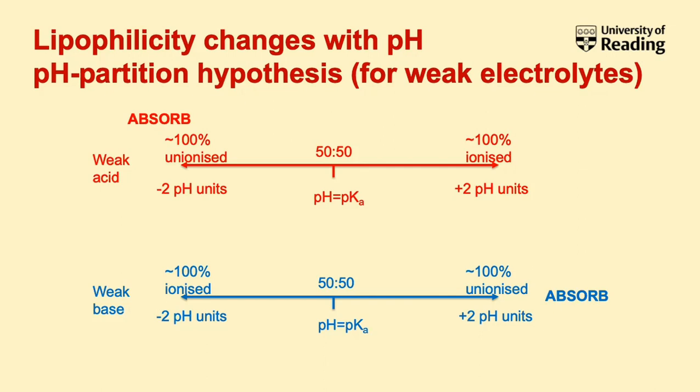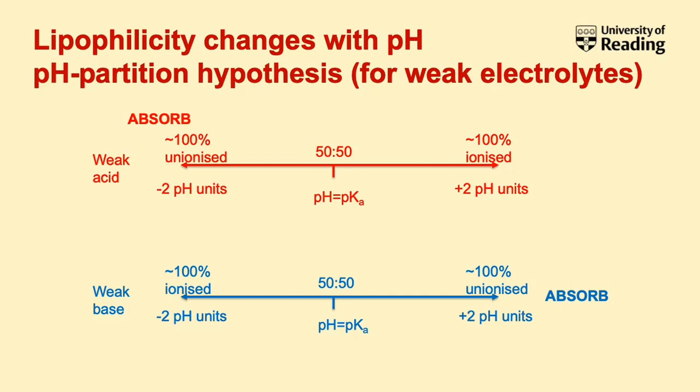Let's look at the case for a weak base. In a weak base, we start at the center again, where we have the pH equaling the pKa of our weak base, and we have 50% ionized and 50% unionized weak base in our solution.